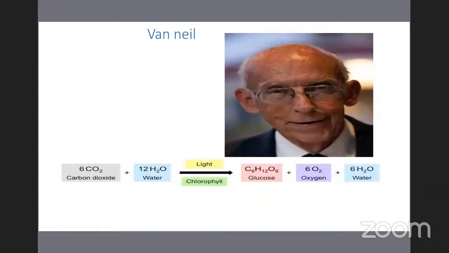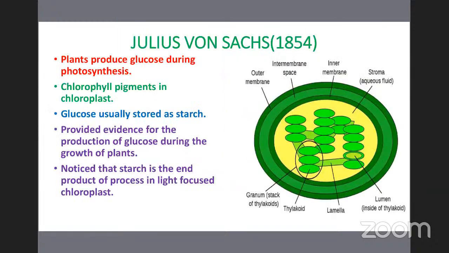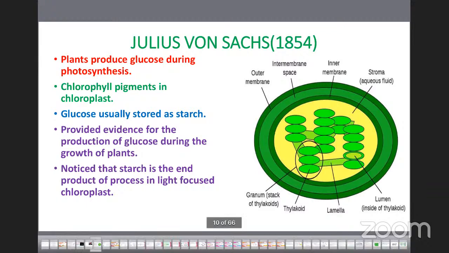Then Sachs noticed that starch is the end product of photosynthesis in the light phase, in light-exposed chloroplasts. That means chloroplasts are the essential structures that receive light energy and carry out photosynthesis, resulting in starch as the end product. That was shown by Sachs.